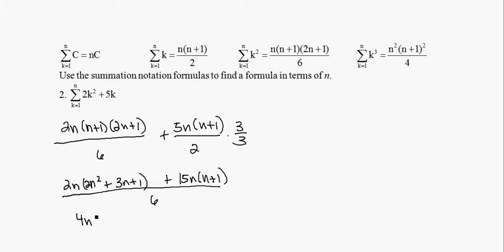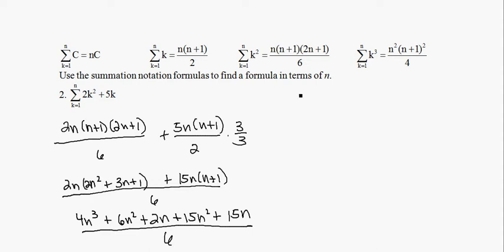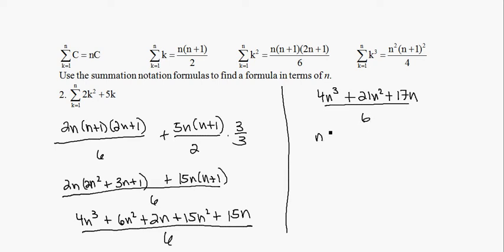Multiply those two, I get 4n cubed plus 6n squared plus 2n plus 15n squared plus 15n all over 6. Collecting like terms, I get 4n cubed plus 21n squared plus 17n all over 6. Factoring out an n, I get n times 4n squared plus 21n plus 17 all over 6.